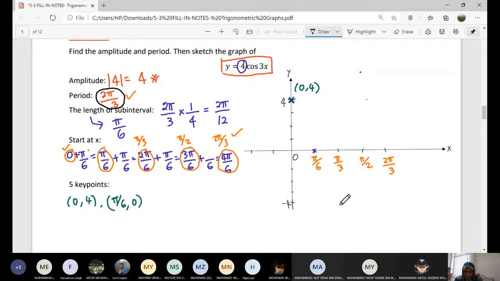Next, pi over 3, negative 4. Next, pi over 2, 0. And lastly, we have at 2 pi over 3, 4.